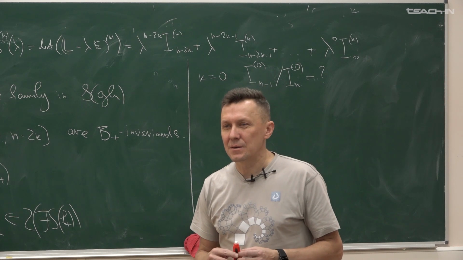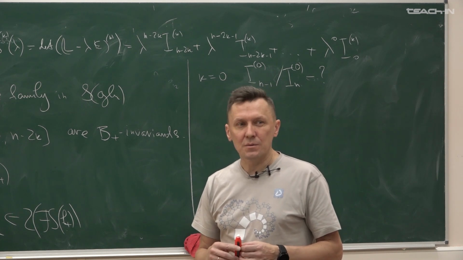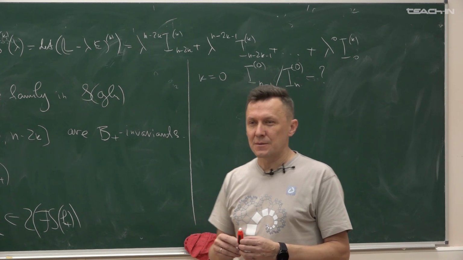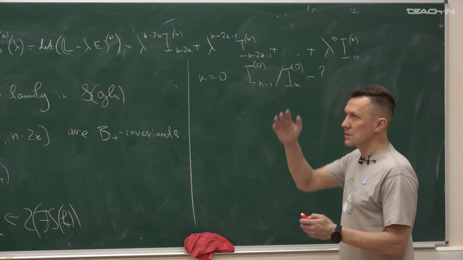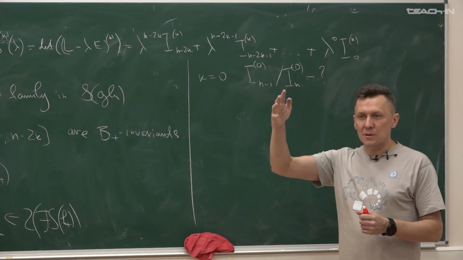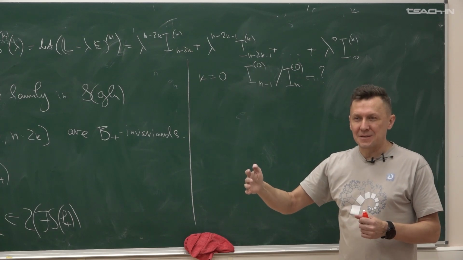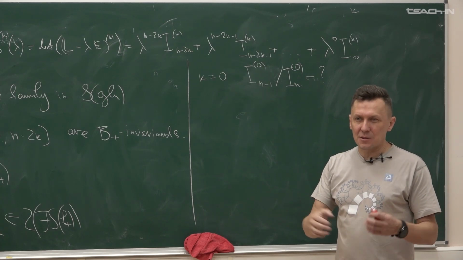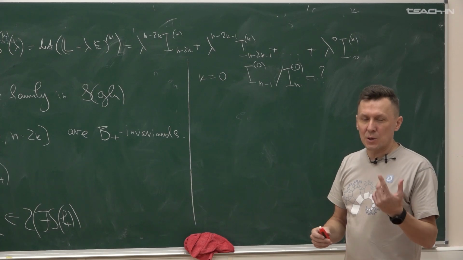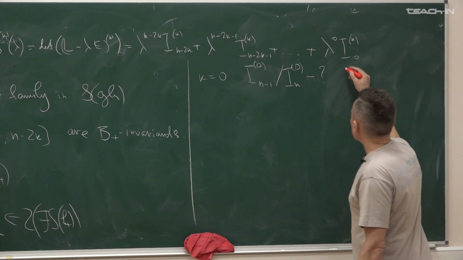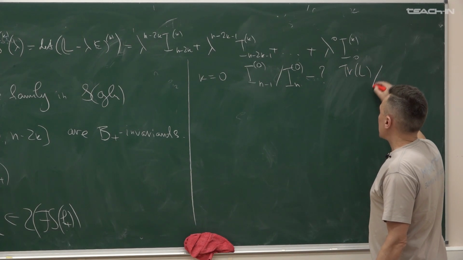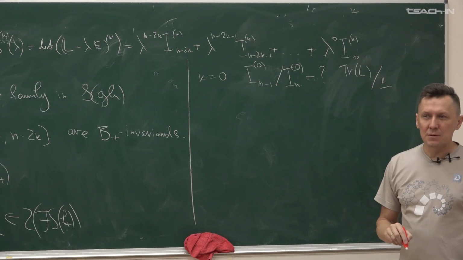No, it's a trace. Because we consider the highest term at lambda and the sub-highest term, it is exactly the trace. Trace divided by 1. So it's the trace of L divided by 1. It's a trace.